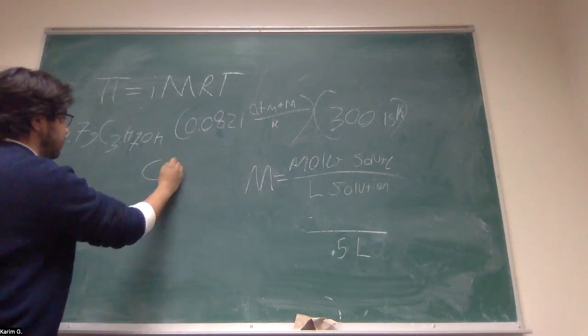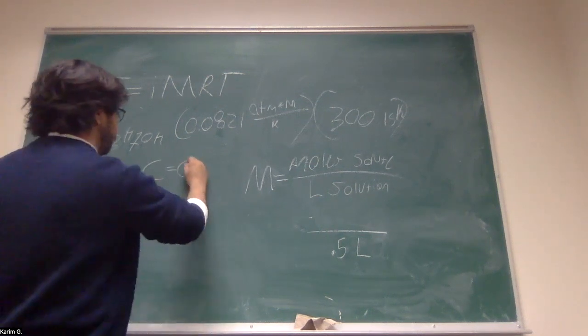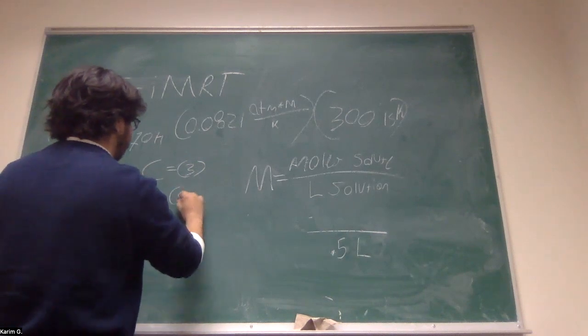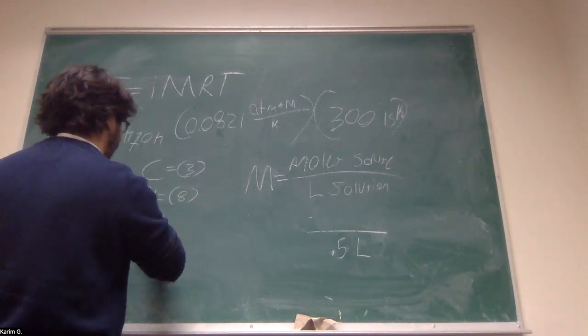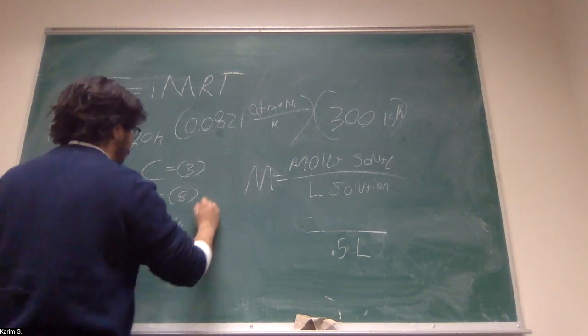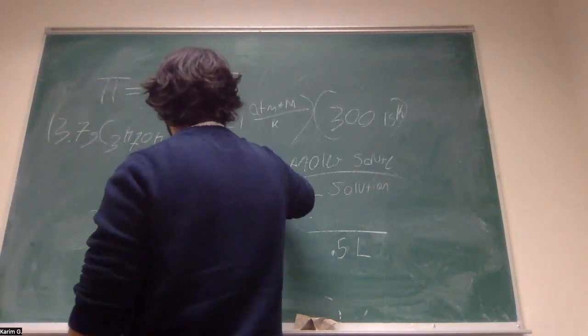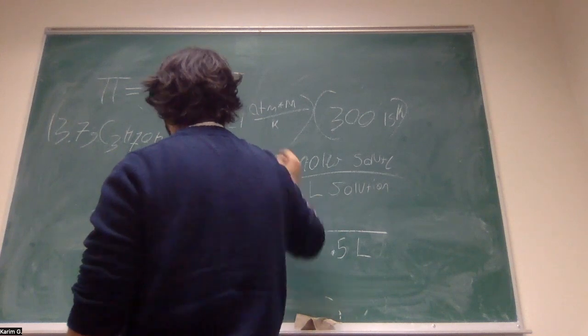The molar mass is C times 3, H times 8, and then O is just 16. H is 1.008, and C is 12.01.